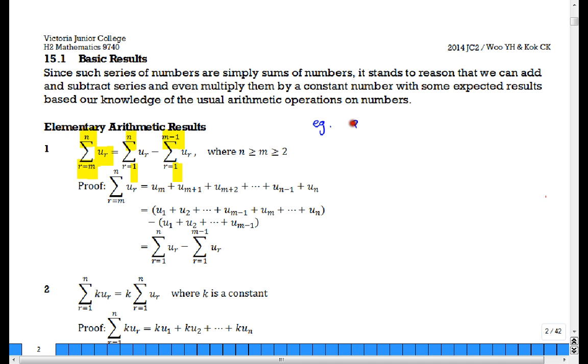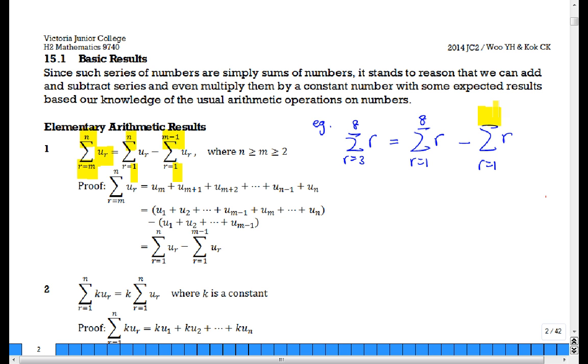If I tell you I want to sum from r equals 3 to 8 of r, this essentially is 3 plus 4 plus 5 plus 6 plus 7 plus 8 and stop. Can I write it like that? Sum from r equals 1 to 8 of r, minus away the sum from r equals 1 to what? 2 or 3 or 4?